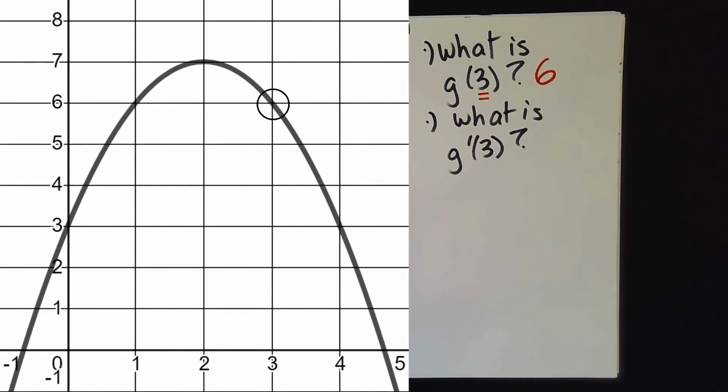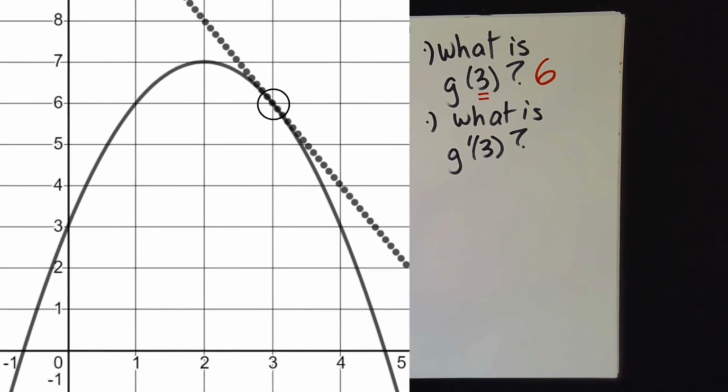How would I go about finding g prime of 3? Well, g prime of 3, remember, is going to be the slope of the tangent line at this point. So I can probably tell by looking at this graph just as is that that slope is negative. But I can go ahead and grab my ruler and draw in the tangent line.